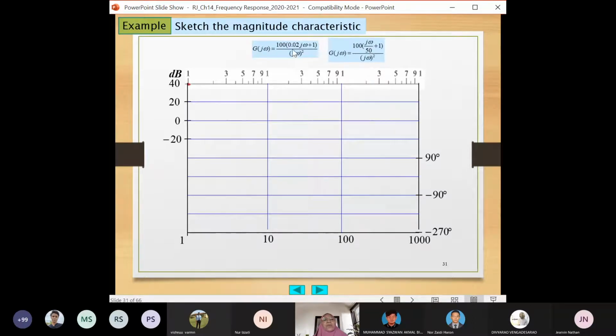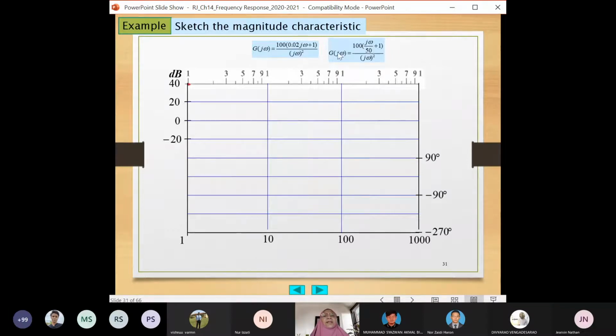So when you write it this way, 100 times 0.02 j omega, it's difficult for you to know the value of z. So you make it over z. To make it over z, you rearrange the numerator expression.